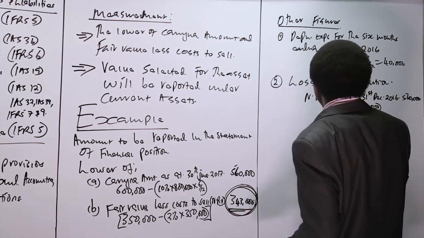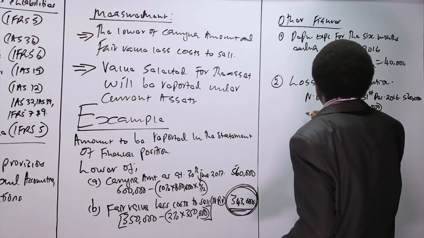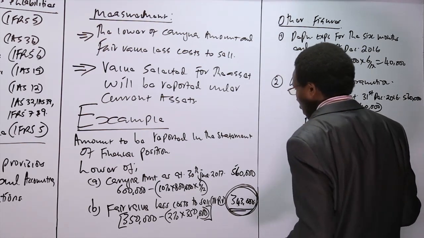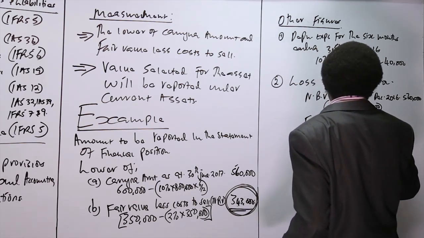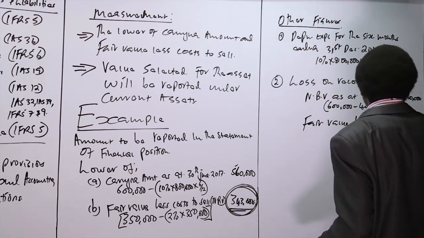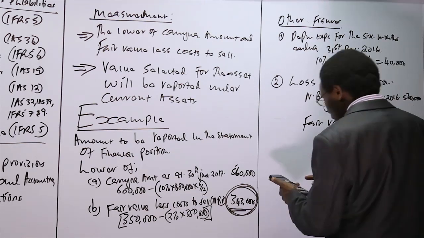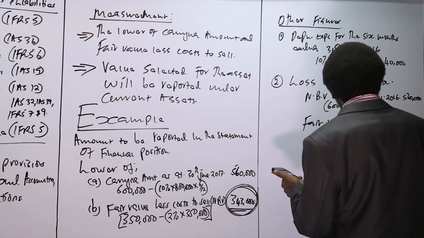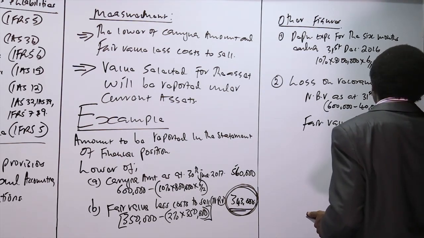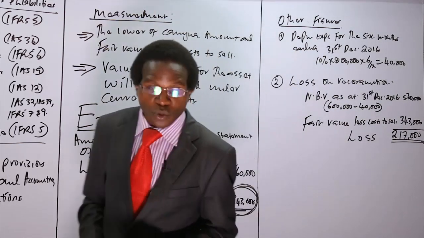Then we also have the fair value less cost to sell, which is 343. So there is a loss that needs to be reported in the books. That is 560 minus 343, that is 217. That needs to be recognized as a loss in the books. And that's what you need to remember.